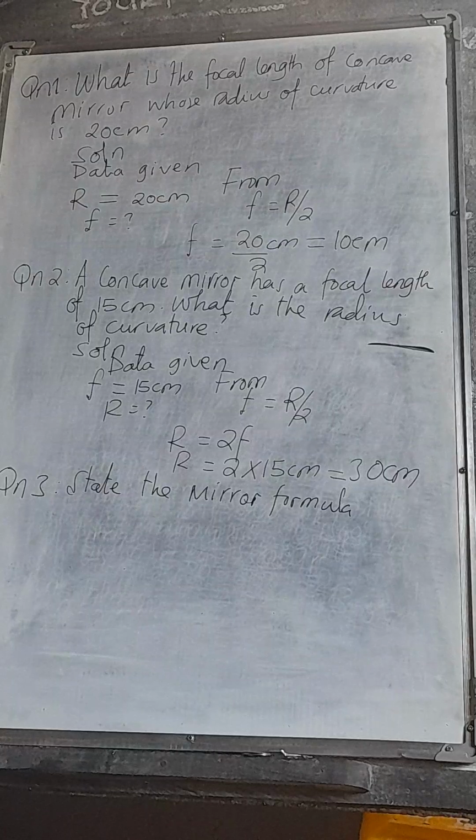We have concave mirror, and also we have convex mirror, among the types of curved mirrors. So today we are dealing in detail with the concave mirror. Thanks for those who continue to comment to state the mirror formula, and soon we are going to confirm your answers whether it is correct or not.